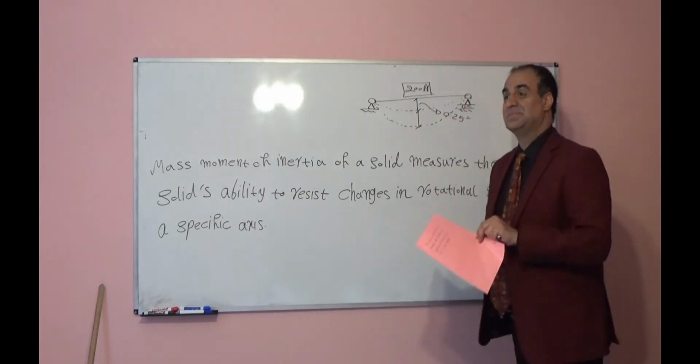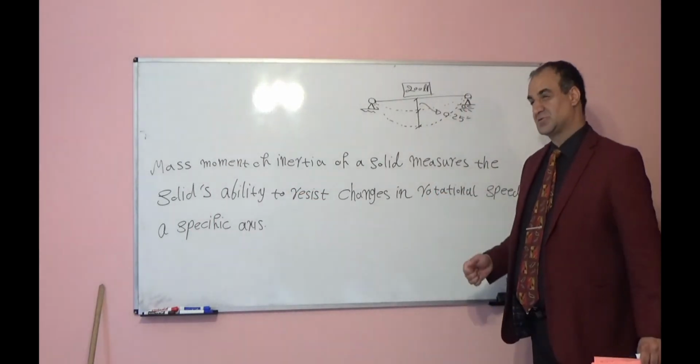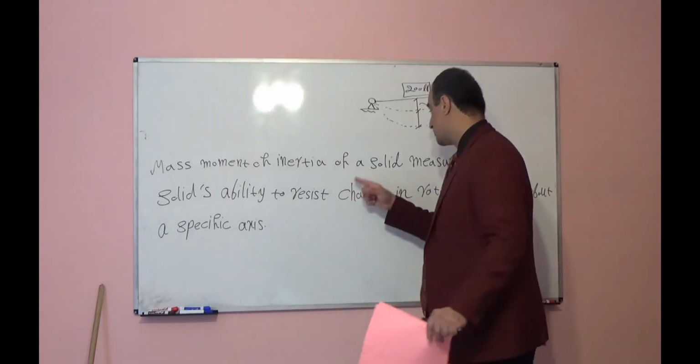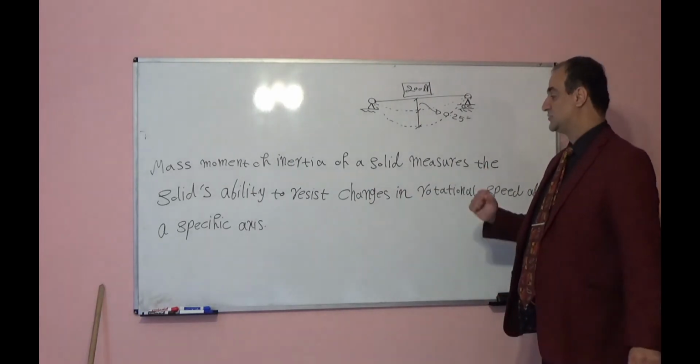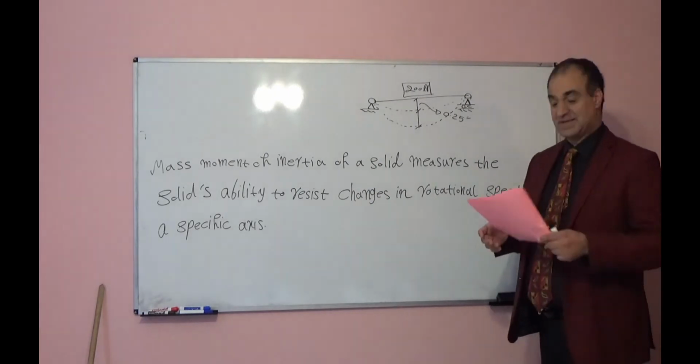So this is mass moment of inertia. In the dynamics course we will use, in the physics course we will use the mass moment of inertia. You see, mass moment of inertia measures the solid's ability to resist changes in rotational speed about a specific axis.